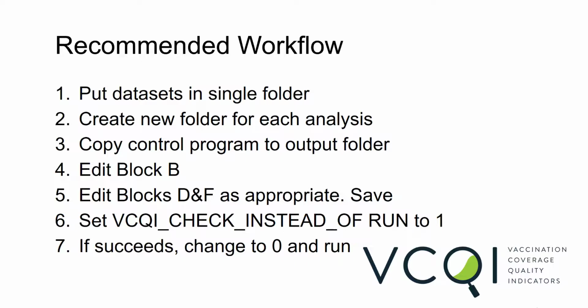If you fail to specify a parameter, or if you specify an invalid value, then Wiki will give you an error message right away rather than finding it 5 minutes or 50 minutes into a Wiki run. So it is a best practice to run this check. If it fails, address the problem, and if this check succeeds, change check to 0 and then complete your run.